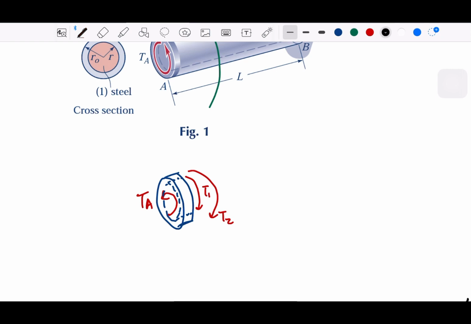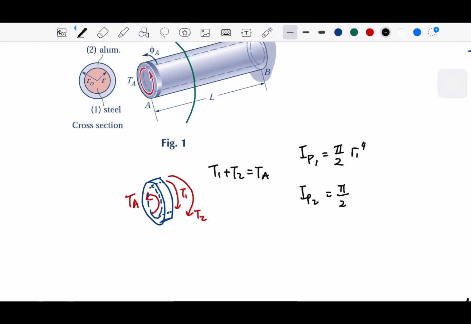So we can start with T1 plus T2 equals TA. And then we can start finding the inertia for both materials. For the steel, the inertia is for a solid shaft. For the aluminum, it is hollow.